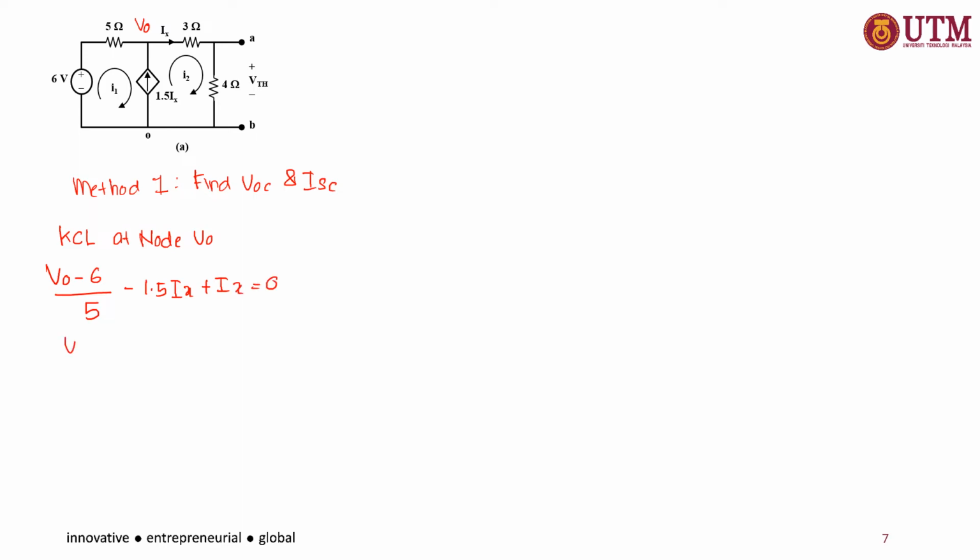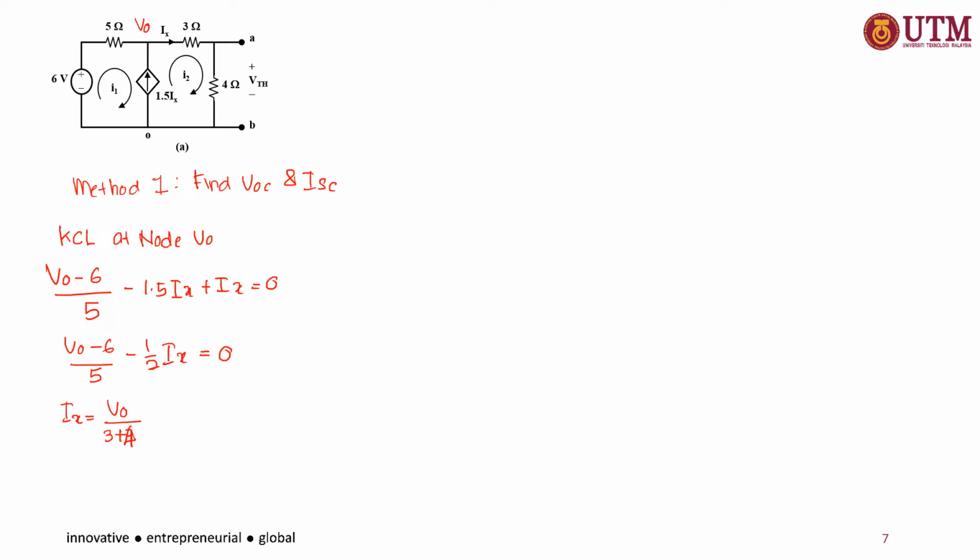You can get V naught minus 6 divided by 5 minus 1 over 2 Ix equals 0. From here, your Ix is equal to V naught divided by 3 plus 7, because this is in series, so you divide by 4.